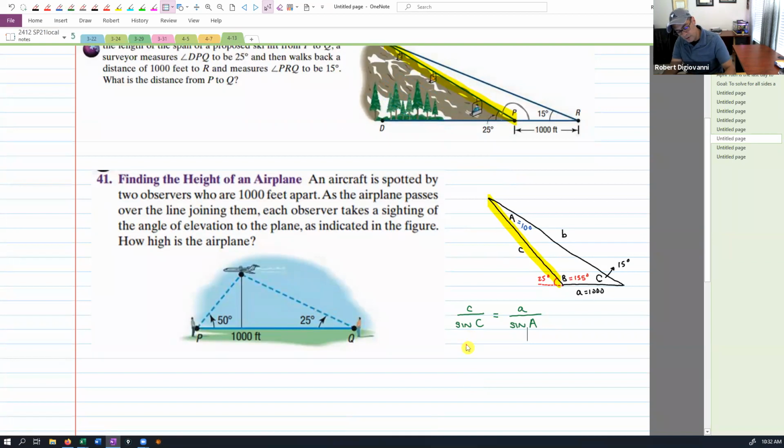Okay, so we're going to have little c over sine of capital C. So capital C for us is 15 degrees, must equal little a, which is 1,000, over sine of capital A, which is 10 degrees. I isolate the c by multiplying both sides by sine of 15 degrees, and then divide by sine of 10.